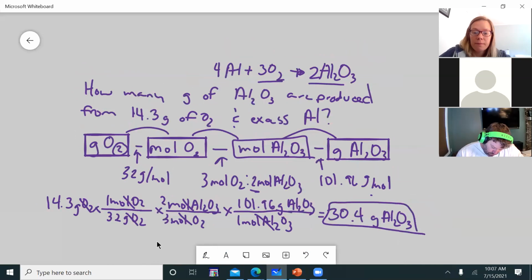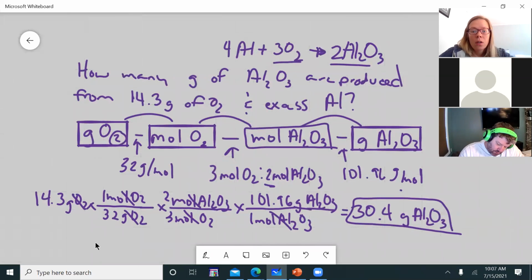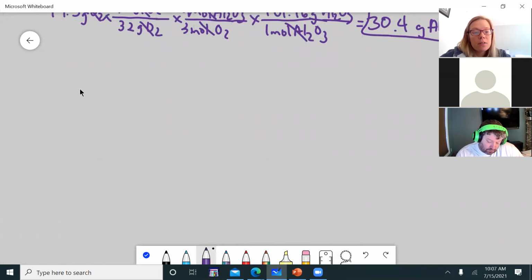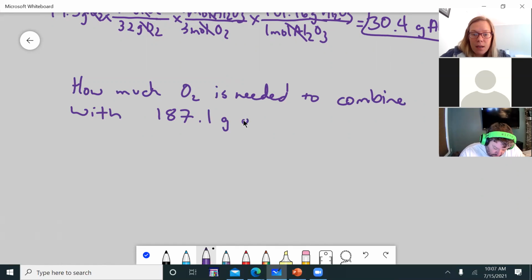Let's have you guys do one, okay? We'll stick with this same formula, just make it easier, but let's change out the numbers. How much oxygen is needed to combine with 187.1 grams of aluminum?